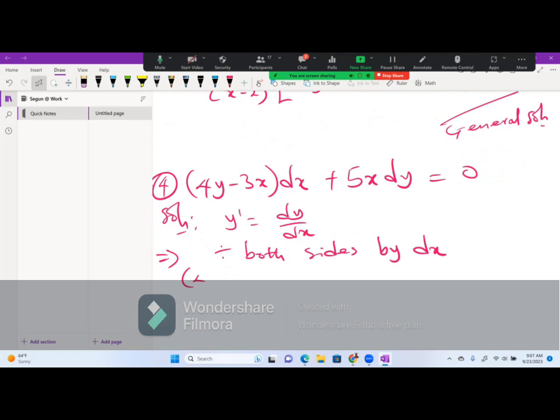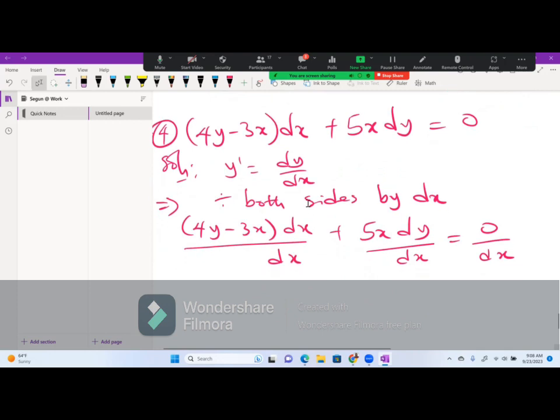I will have 4y minus 3x, everything dx, plus 5x dy over dx equals 0 over dx. 0 divided by anything still gives you 0 in this case.